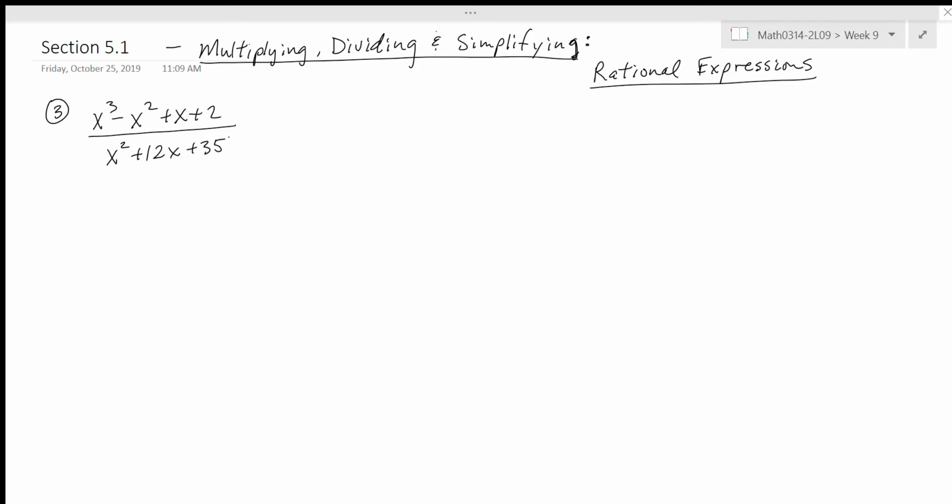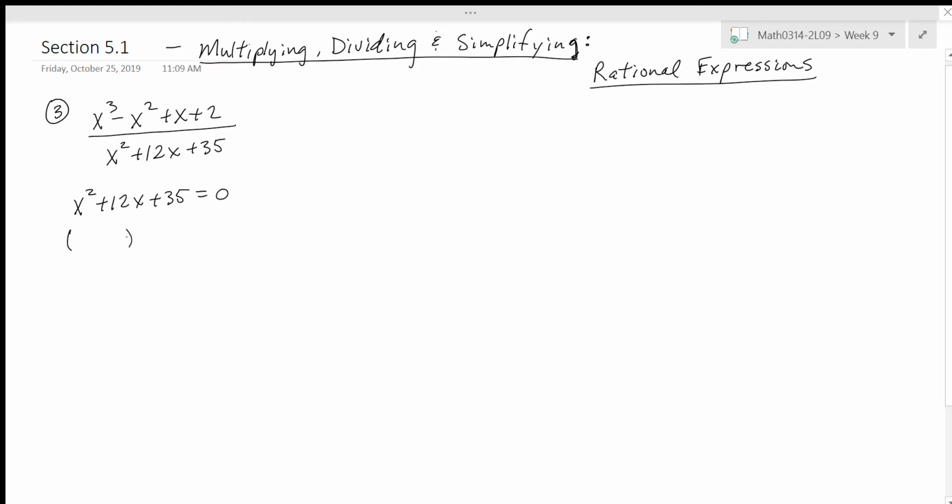So any number that I would plug in for x that would make the denominator 0 is not allowed. Got it? So to answer this question, we're going to take the denominator and set it equal to 0 and solve for x. And then that'll give me the values for which the rational expression is not defined.